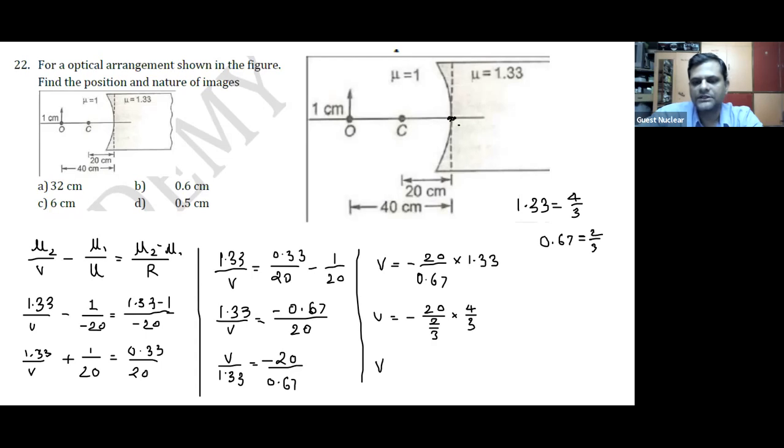And then we can just simplify this further and get this minus 20 into 2/3 का reciprocal, जो कि 3/2 यहाँ पे बन जाएगा, and that is multiplied with 4/3, which is kept as it is, so that this 3 actually just gets cancelled, and this 2 also just gets cancelled with this 20, leaving behind 10, and this 10 multiplied by 4 actually comes out to be 40, but that is negative. What does it mean? That the image is found at the same side, means left side.